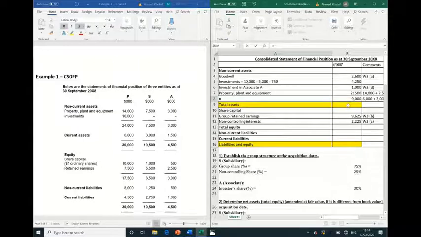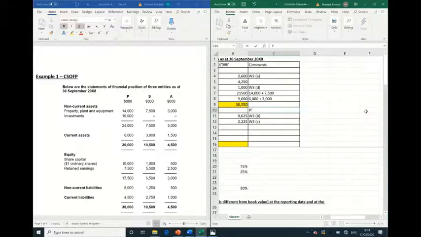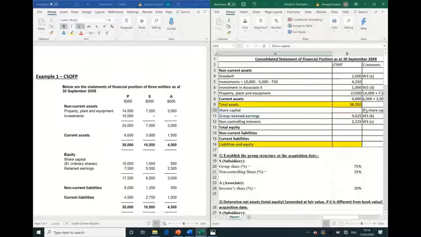So we just need to add them up to get the total assets. We have the total assets here as 38,350. And then share capital will only be applicable to the parent share capital. So this is mainly parent share capital, and the capital of both the subsidiary and the associate will be excluded in this context.